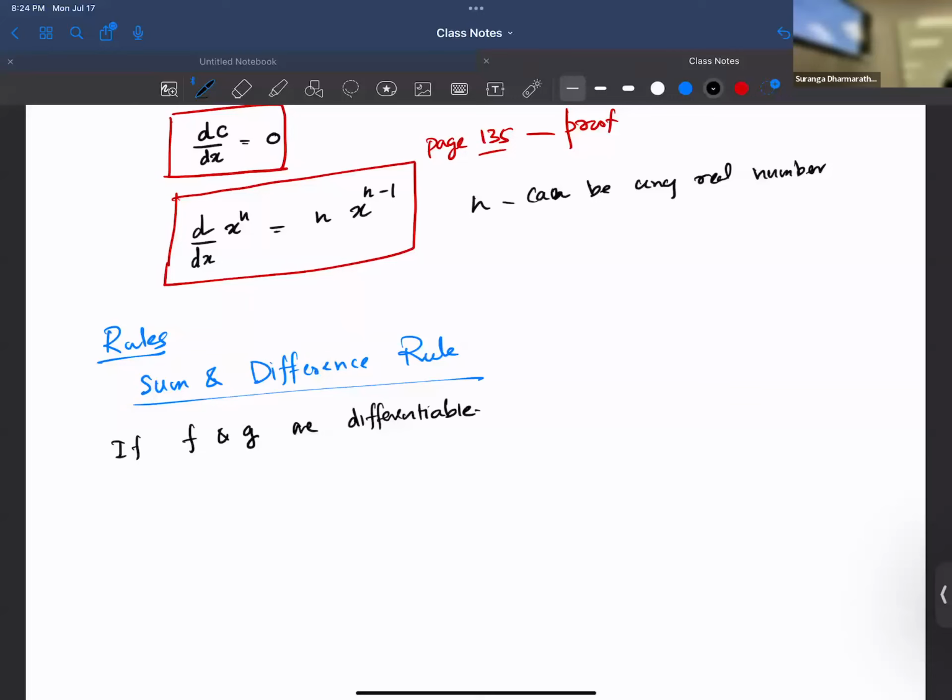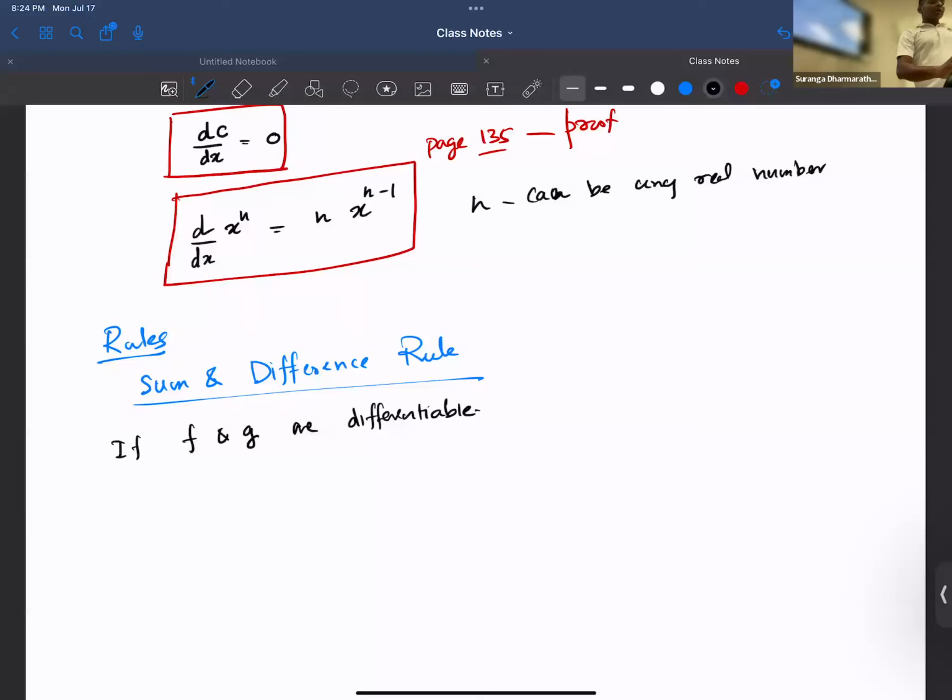Right? So now if you define a function f of x, in the domain of that function, if f prime of x exists for all the values of x in the domain of f of x, then that function f is called differentiable.